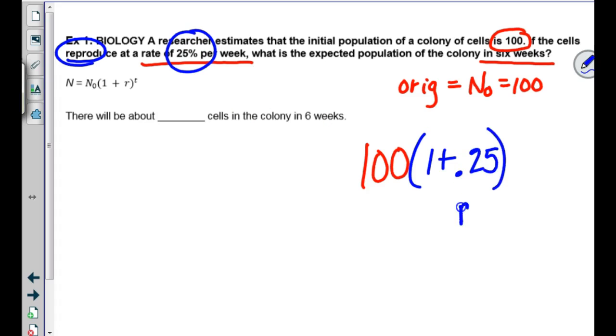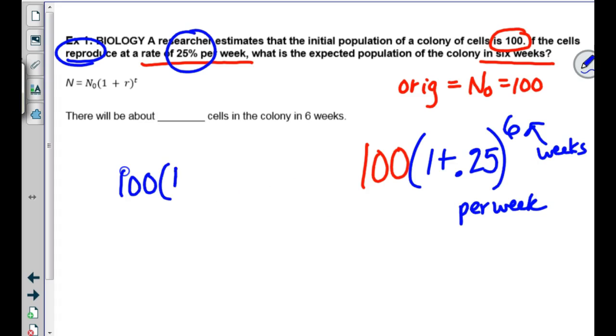And since this is per week, and we want to know in 6 weeks, as long as our units agree, we're good. So if you want to just type 1.25, okay. As long as it isn't asking anything future about this, you just do this on the home screen. Somebody get an answer?